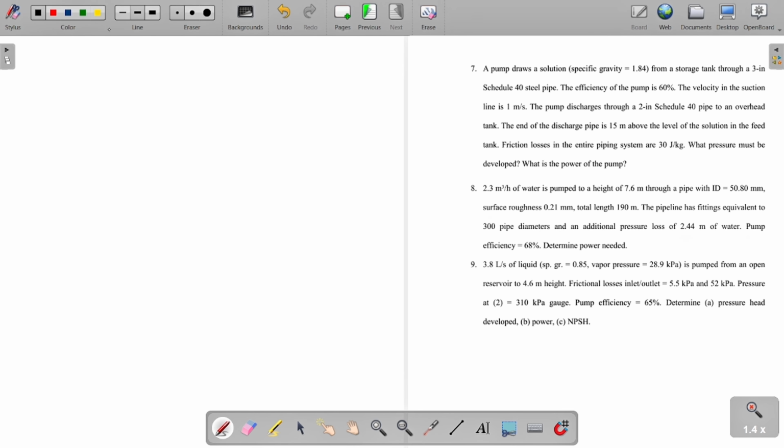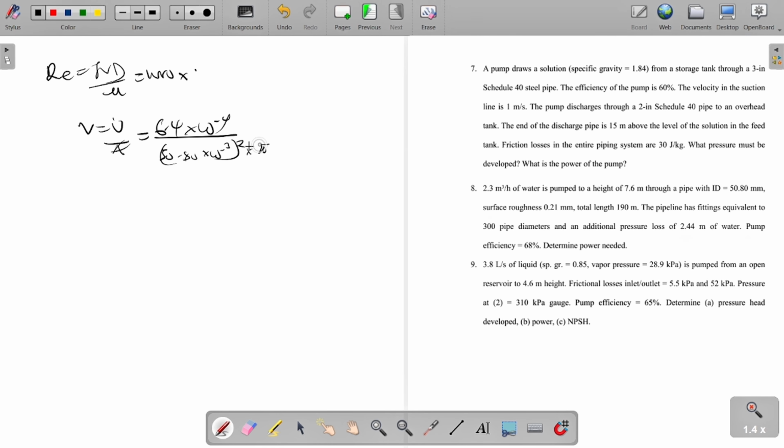So for that pipe length, I need the Darcy-Weisbach equation. I need to get my Reynolds number, which is rho V d over mu, which is 1000 for the water, times the velocity. The velocity is the volumetric flow rate over area, so 6.4 times 10 to the power minus 4 divided by the area, which is 50.80 times 10 to the power minus 3 squared times pi divided by 4.